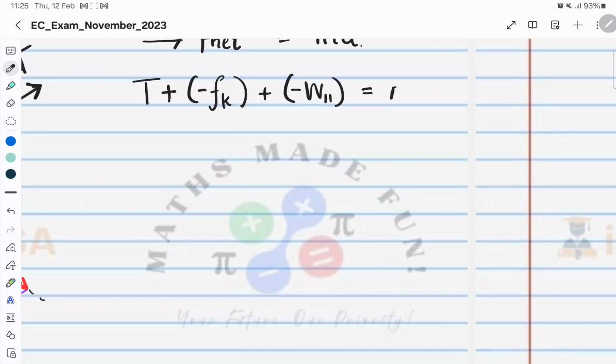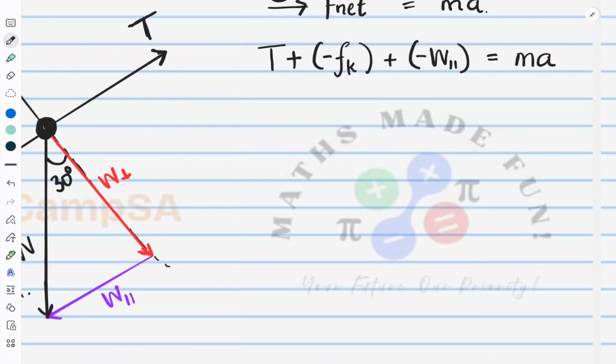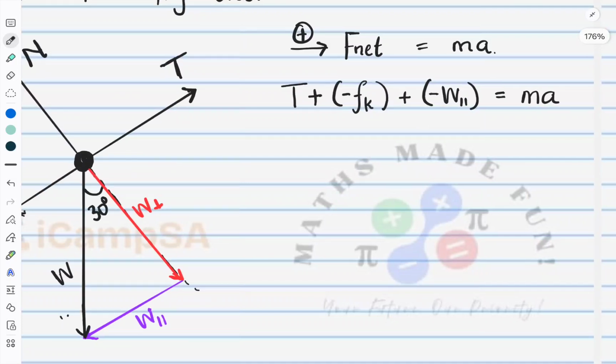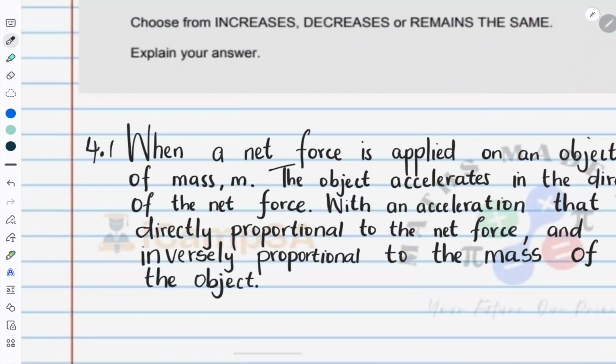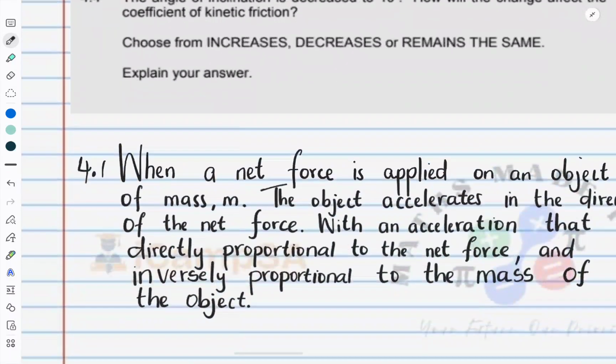A is positive because we took the direction of motion of this system as the positive direction, so we don't need to change it. Now we can substitute and say T minus, we were told the kinetic friction of the 4 kilogram block is, I think, 4 newtons. Yes, 4 newtons.